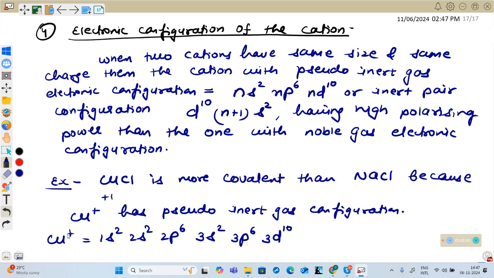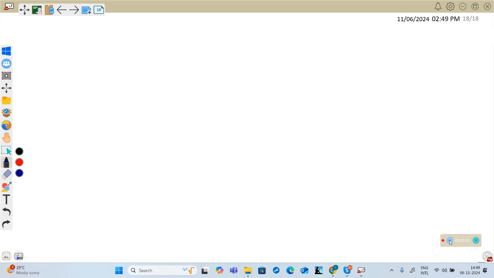Copper is 3d10 4s1, right? So one electron will always go from the outermost shell, which is 4s, so it becomes 3d10. Got it? Quickly I'll take characteristics of covalent compounds.